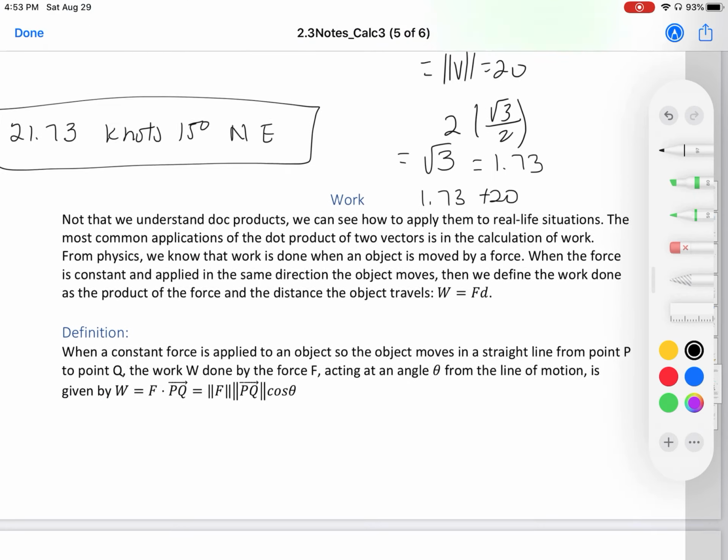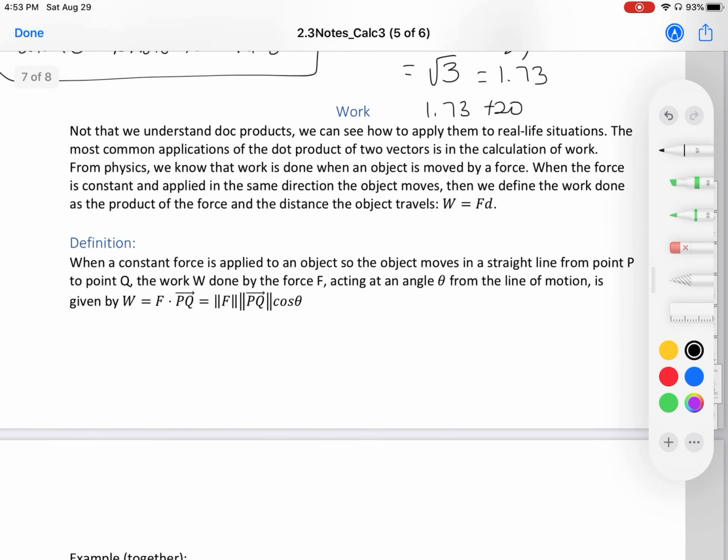Okay, moving forward. Now that we understand dot products, we can see how to apply them in real-life situations. The most common application of the dot product of two vectors is the equation of work. From physics, we know that work is done when an object is moved by force.